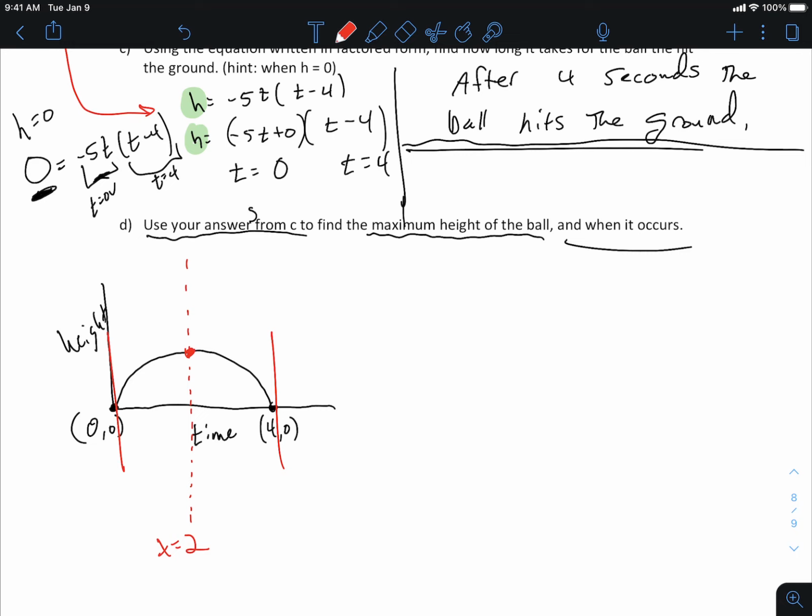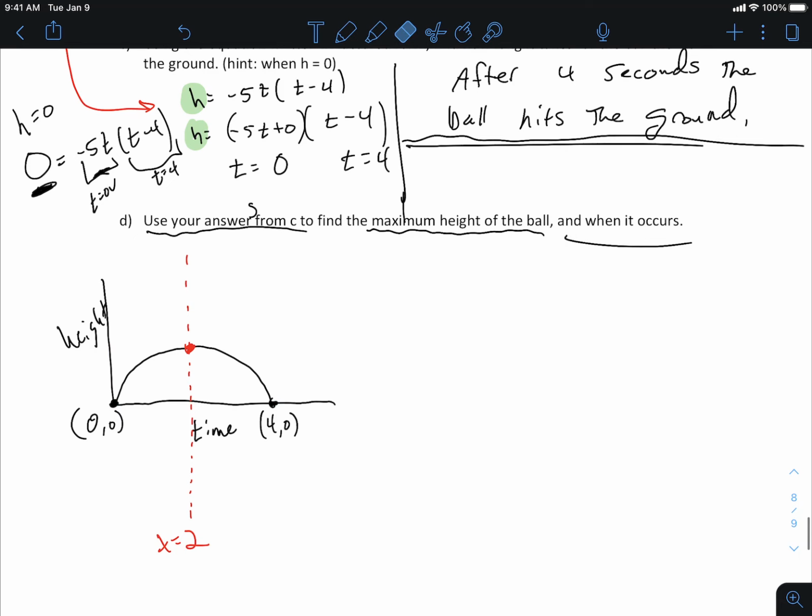Well, conveniently, because this question's been designed well, you already know the ball has reached its maximum height halfway. Well, what is its maximum height? It's right here somewhere. How do I find what the actual height is?